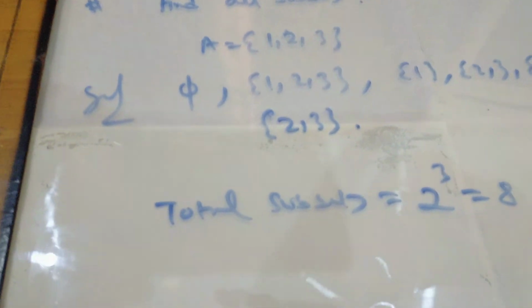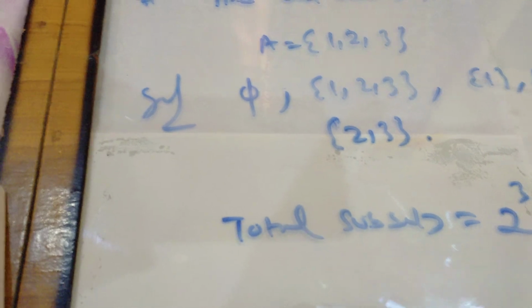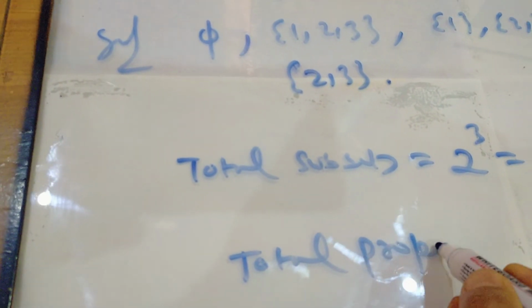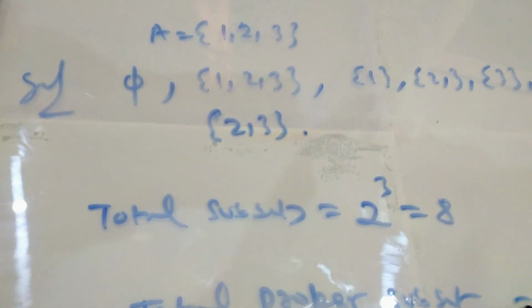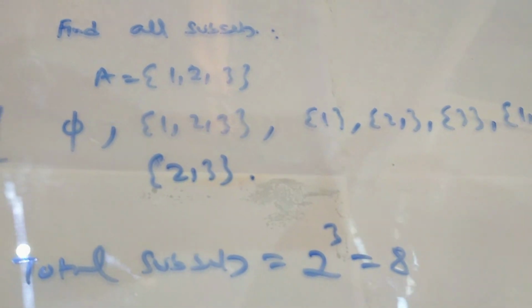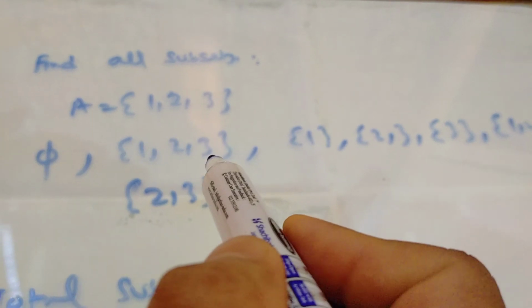But if the question is how many total proper subsets, in that list what you have to do is remove this part. Phi is a subset of every set, but if you remove the set itself, only 7 remain. So 2 raised to the power n minus 1 is the formula for the total number of proper subsets.